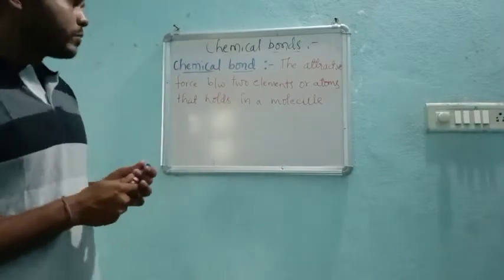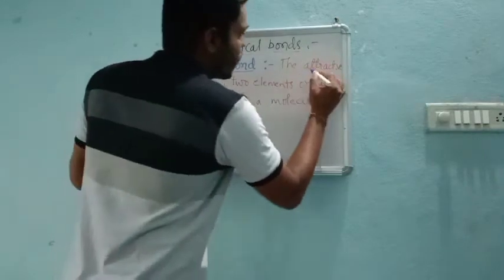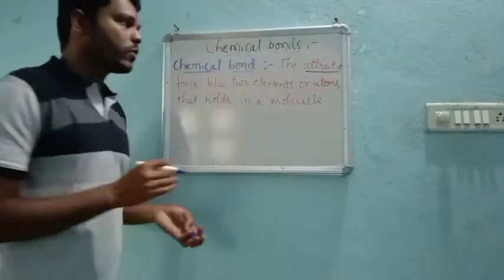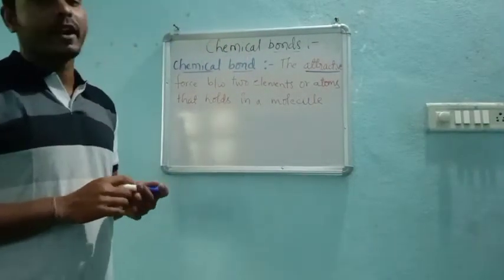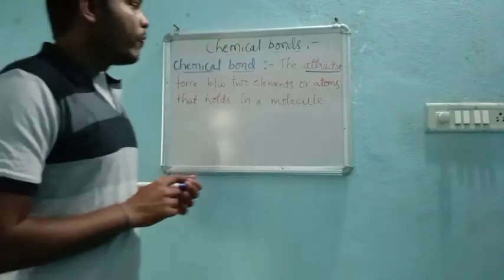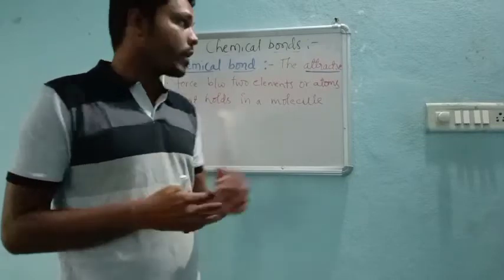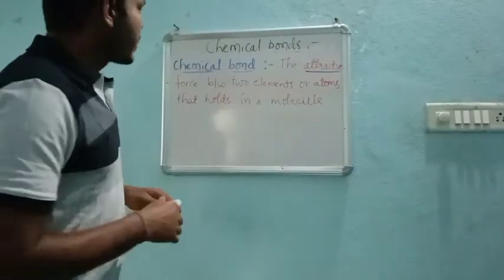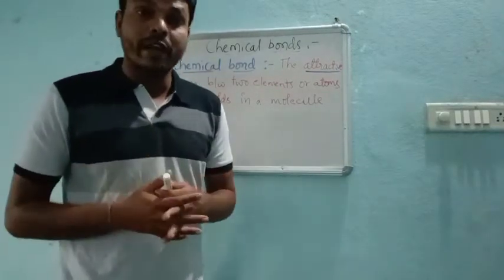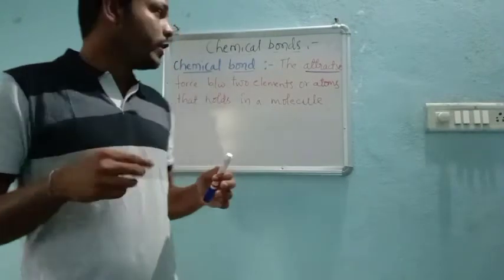So now the next thing to understand is what is attractive, right? When does this attractiveness come in a molecule, in an atom or an element? The attraction is very important to form a bond between any two elements.